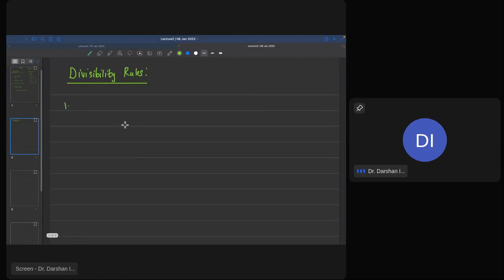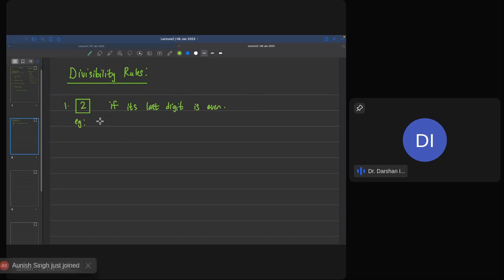Divisibility rule. I'm talking about the divisibility rule for 2. What is the divisibility rule for 2? It says if its last digit is even, we say a number is divisible by 2.